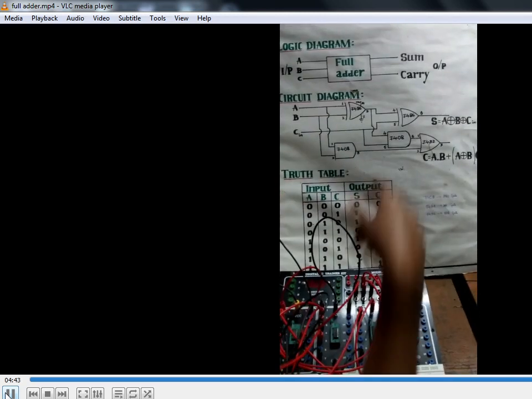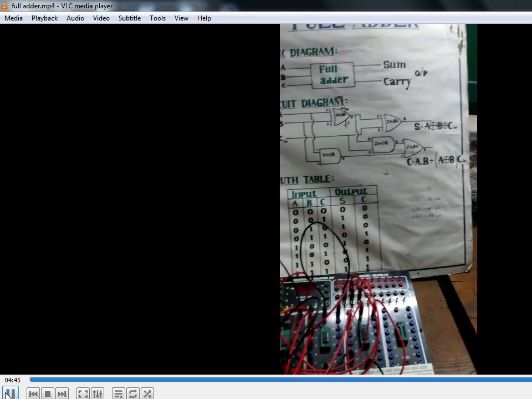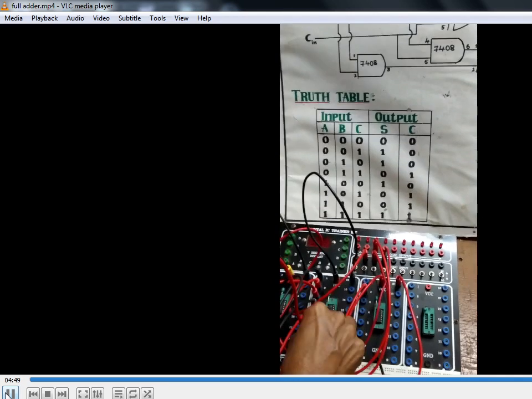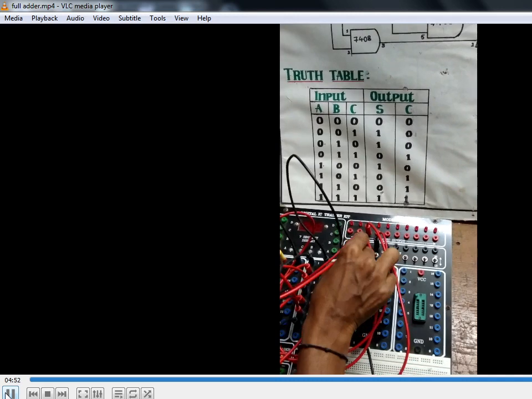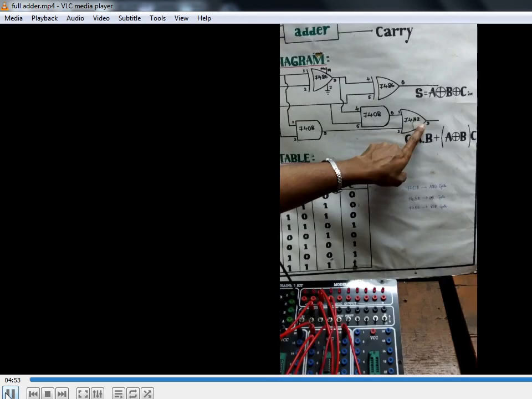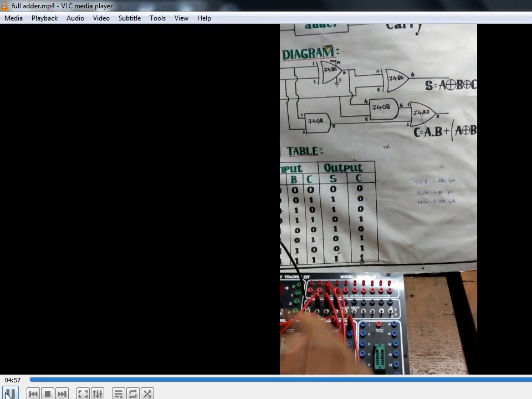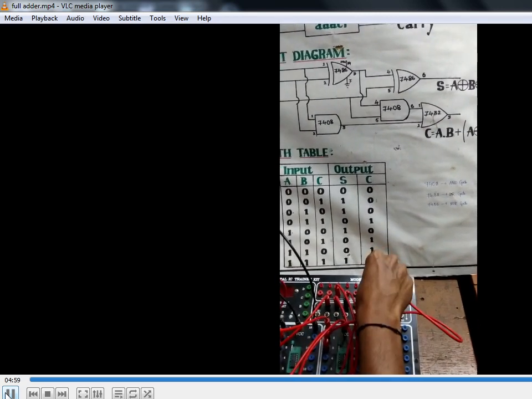Pin number 6 of AND gate is connected to pin number 1 of OR gate. Pin number 3 of OR gate is the carry output. This is the carry output.